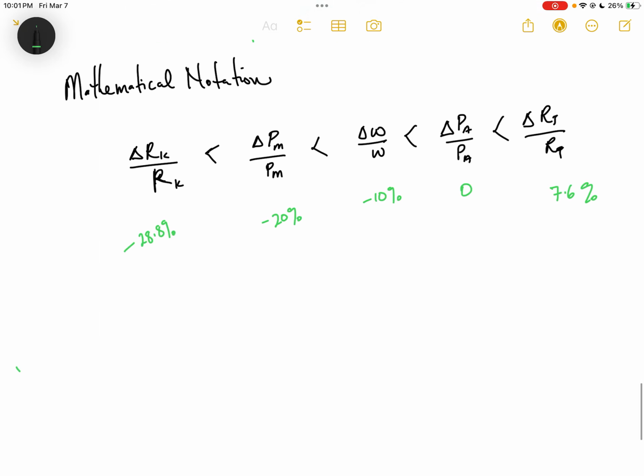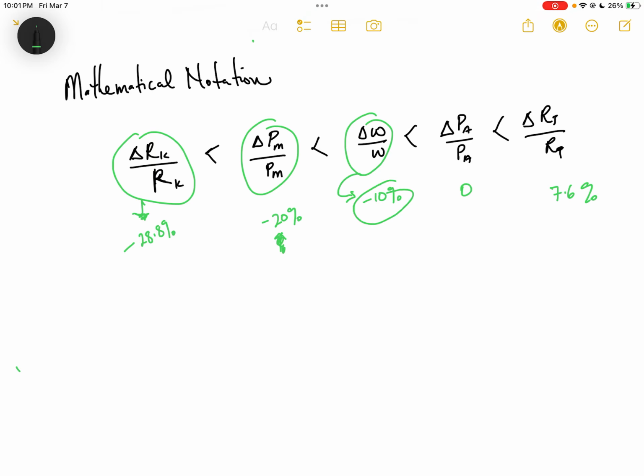The math notation, what is that going to look like? Well, I did most of the work here for us. We know the percentage change in rental on capital fell 28.8%, so that's a negative 28.8%. The percentage change in price of computers fell 20%, so negative 20%. The percentage change in wage, we are told in the question, fell 10%.